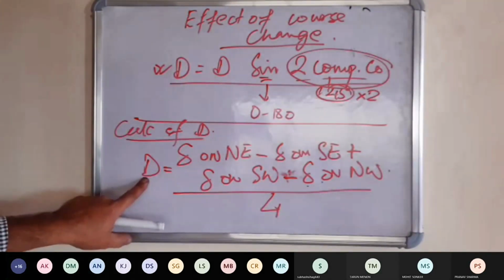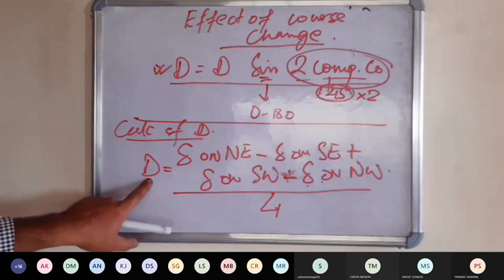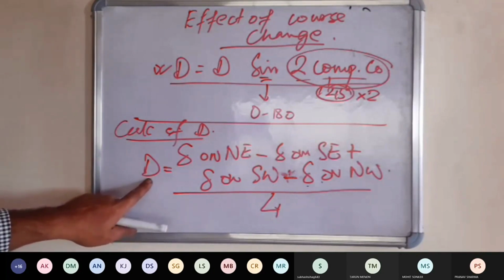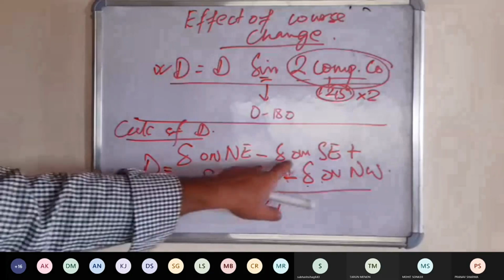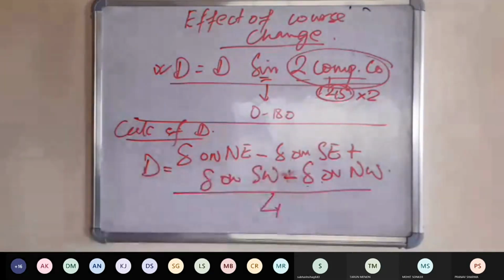We average out for finding out the D. The coefficient D maximum, how much it is, we decide by taking the average of the four.